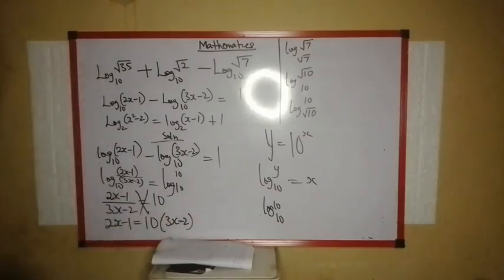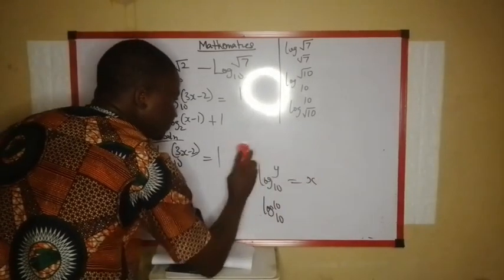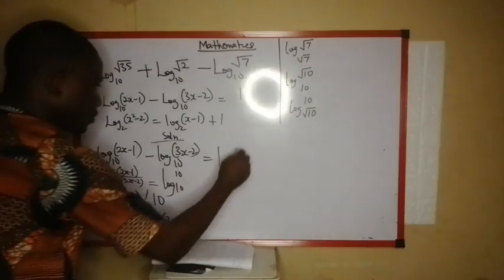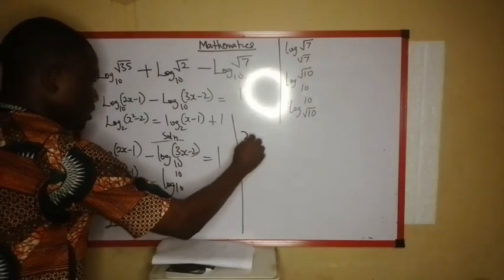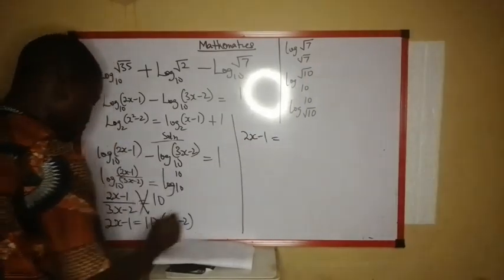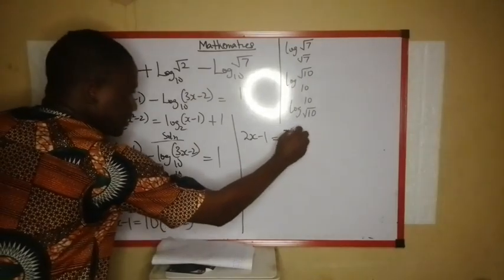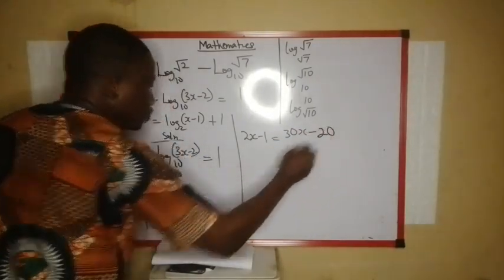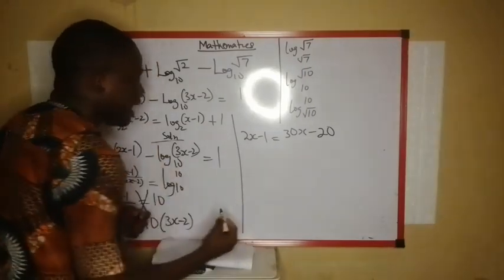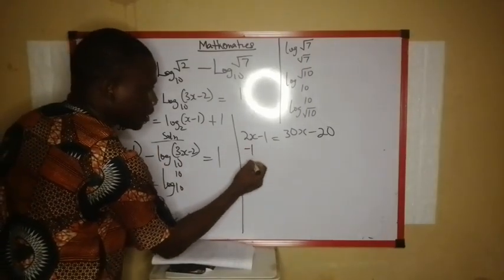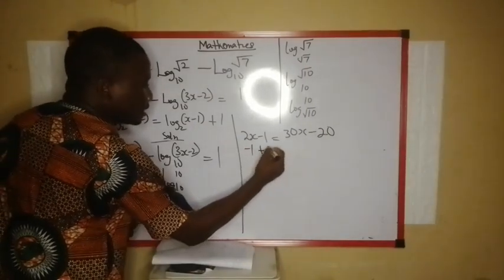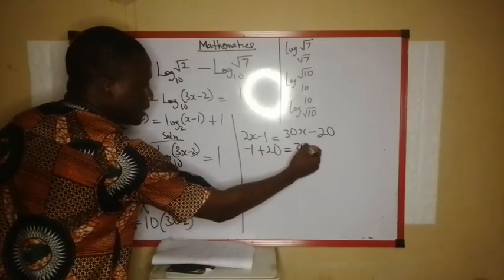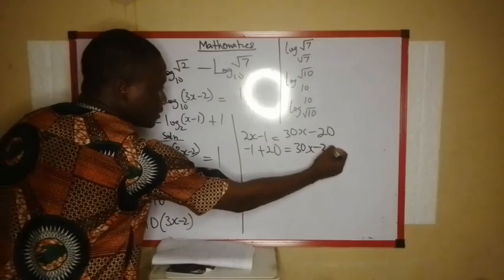We are going to simplify again, and this gives us 2x minus 1 equal to 10 times 3x, 30x, 10 times minus 2, minus 20. Collect like terms. So now we have minus 1 here. Bring plus 20 here, because minus 20 will become plus 20. Then we have 30x. Bring minus 2x.